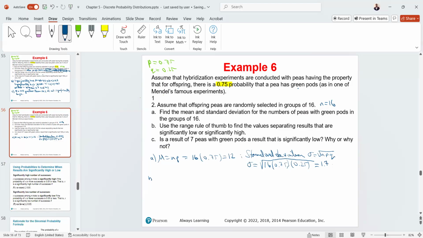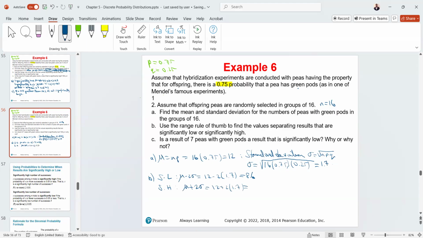Now, again, for B, remember significantly low. I'm going to put SL for significantly low. Remember, it is the mean minus 2 standard deviations, 12 minus 2 times 1.7. So it should be below 8.6. And significantly high means it should be above 2 standard deviations, that means 12 plus 2 times 1.7.